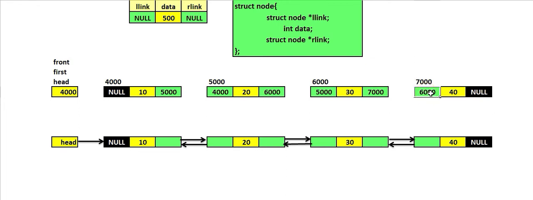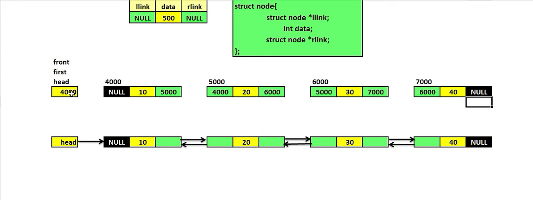The left link of the last node is 6000, pointing to the third node. And the right link, since it is the last node, there is no node after this, so the value will be null. When we say null, that means the address will be 0. It is not pointing to any other location.